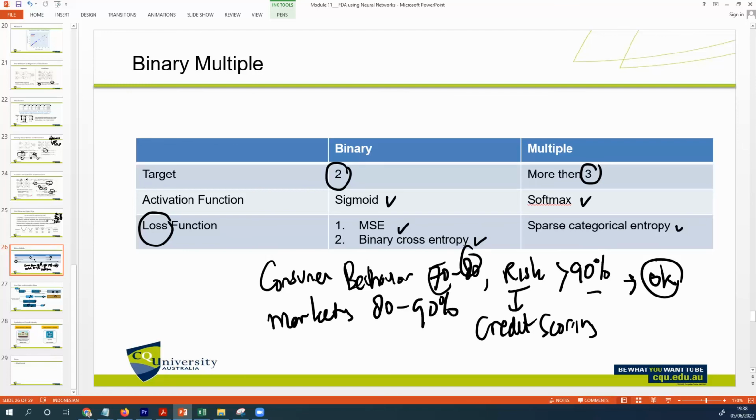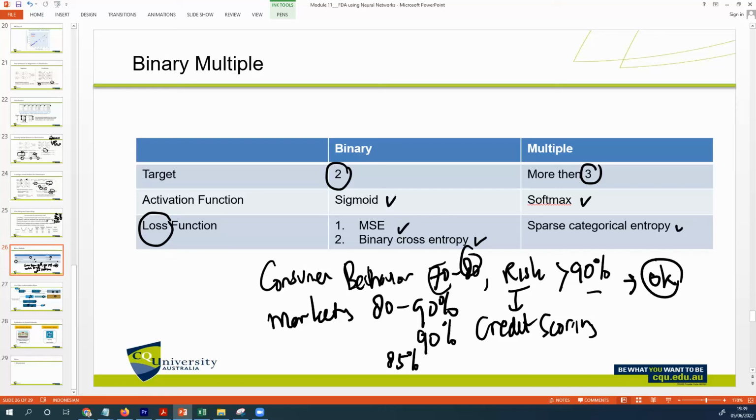So even if the model is underfitting or overfitting, as long as both are still in the range, it's still okay. Meaning if the training is 90% but the testing data is 85%, it is not within the appetite of credit scoring, because credit scoring requests above 90% for both training and testing.